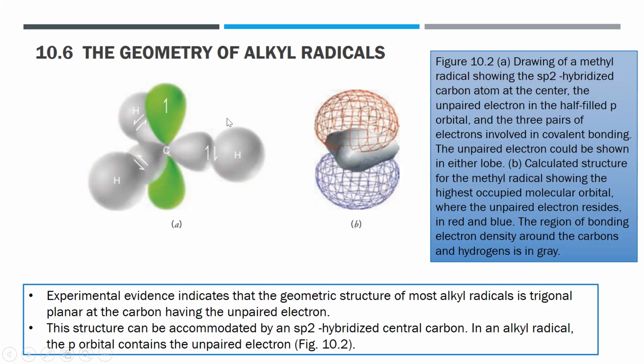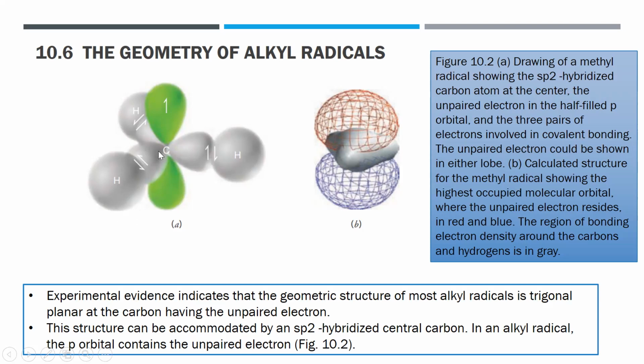In the case of a radical, one electron occupies the p unhybridized orbital, lying above and below the plane of the trigonal planar geometry. The electron density of the radical would most likely be found in the p unhybridized orbital, with only one electron. Again, in the carbocation, this p unhybridized orbital is vacant. For instance, this is hydrogen in the example.